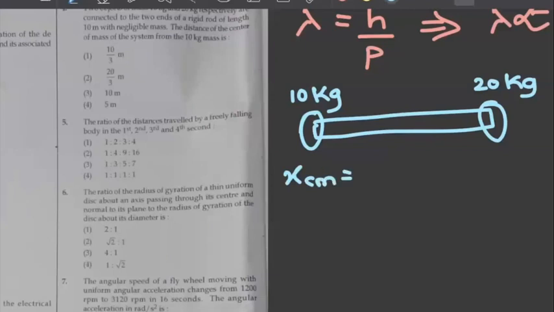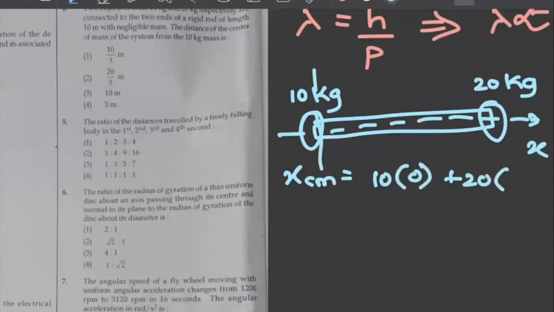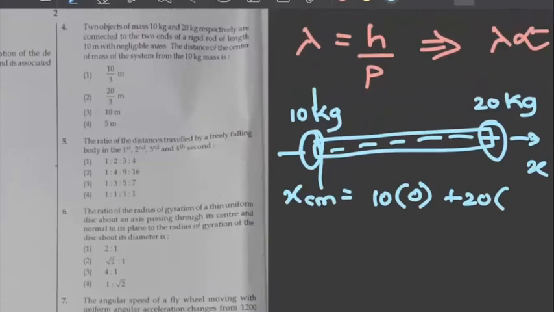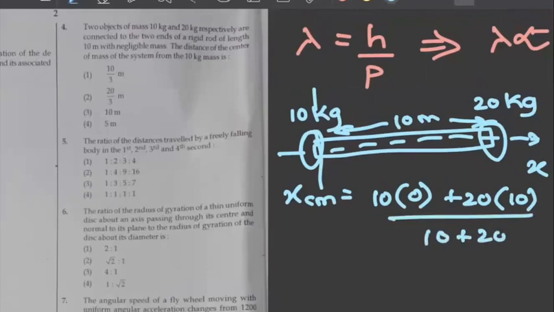So let's consider this as my axis. So M1 10 kilos, X1 is at the origin, M2 20 kilos, X2 is at the length, and the length they have told me is 10 meters, right? So 10 divided by M1 plus M2, so that is 10 plus 20. So I get 0 plus 20 into 10 upon 20 plus 10 is 30. So I get 20 by 3 meters.